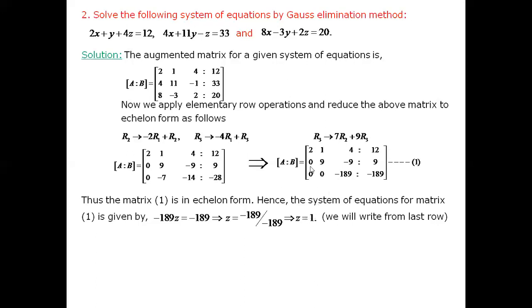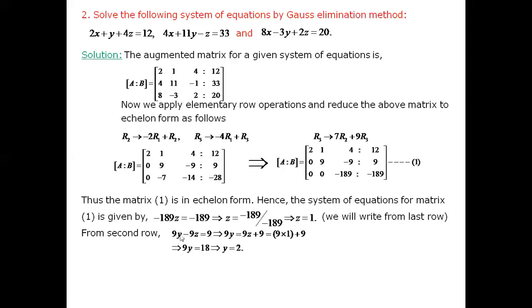Now, using the second row, we write the next equation. From the second row, the coefficient of x is 0, the y coefficient is 9, and the z coefficient is minus 9. So I can write 9y minus 9z is equal to RHS, which is 9.